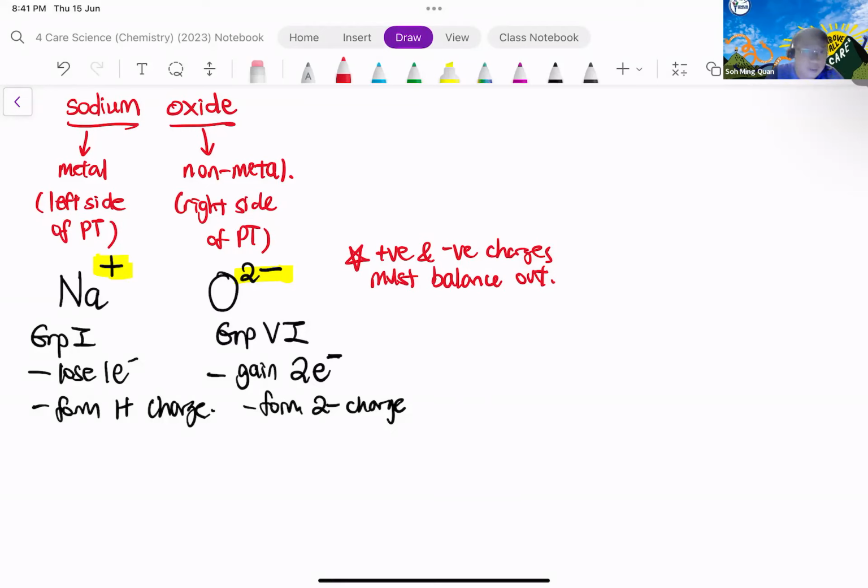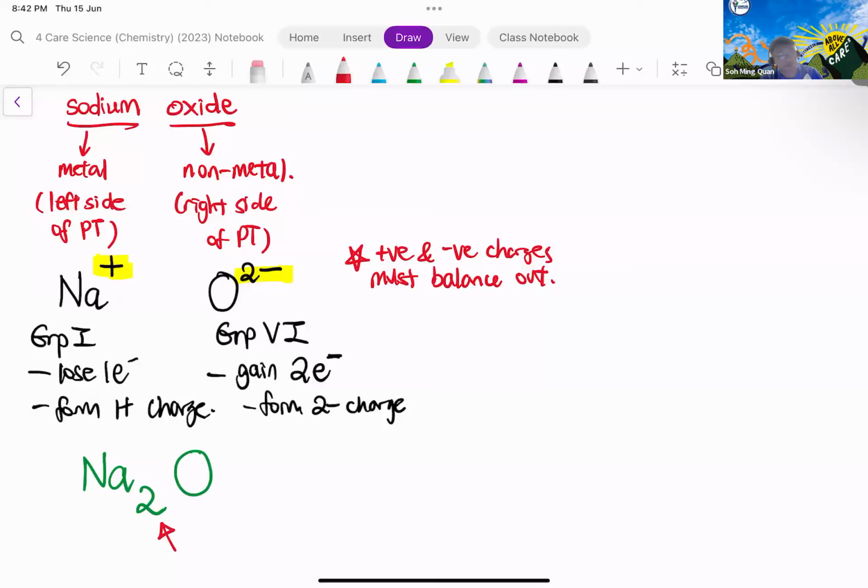In order for them to balance, you got to ask yourself, okay, how many of each ion do I need? Oxide is double negative. That means 1 oxide ion has a double charge. That means sodium must be doubled in number. Therefore, I need 2 sodium ions in order to balance 1 oxide ion.